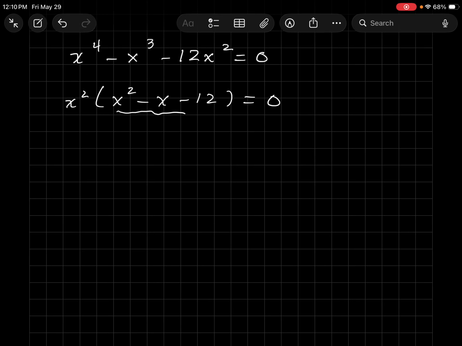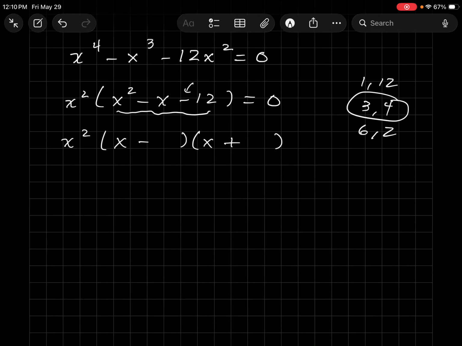Notice that I have a quadratic here. That's what I really want when I'm factoring. And I get x squared times, let's factor this back part. Multiply to negative 12, so one is negative, one is positive. I could do factors of 1 and 12, or 3 and 4, or 6 and 2, but they need to somehow add up to 1.